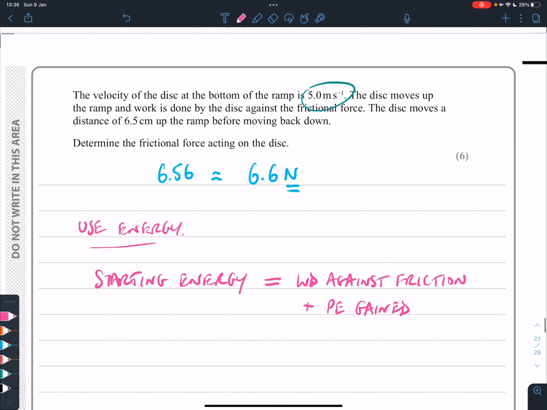So in this one, half mv squared is equal to the frictional force times the distance it moves, plus the gravitational potential energy, mgh.